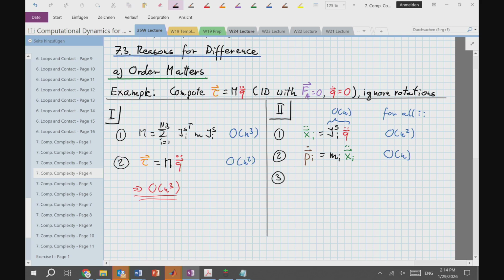I then have to do my Jacobian transpose mapping, where I say a particular D'Alembert force creates a generalized torque that is computed as this Jacobian Js, now transposed, times the change in linear momentum.